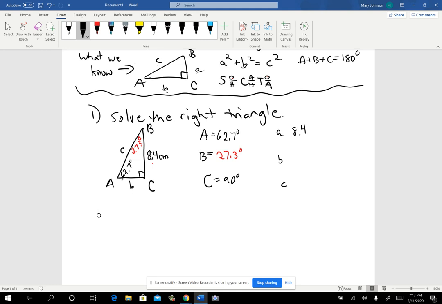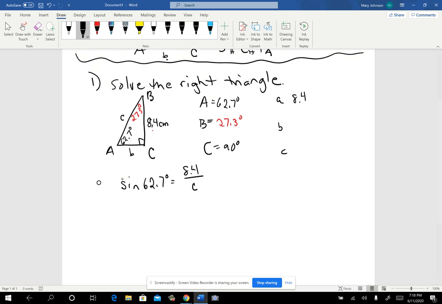The 8.4 is opposite angle A, so I might be able to use either sine or tangent to find c or b. Let's say we decided to go with the sine. The sine of 62.7 should be equal to the side opposite that angle divided by the hypotenuse, which is little c.